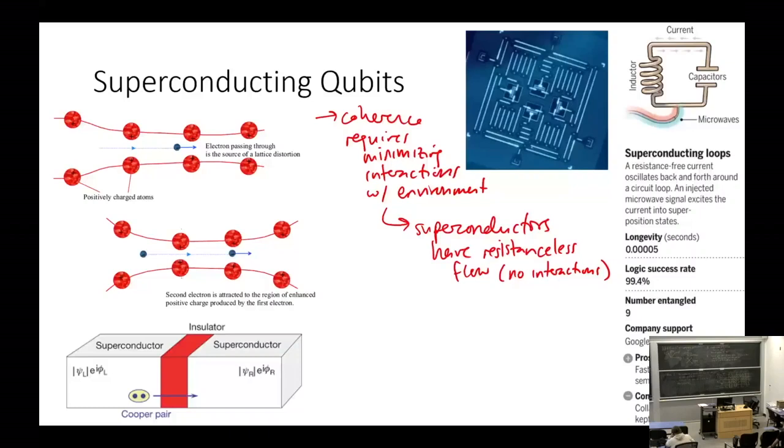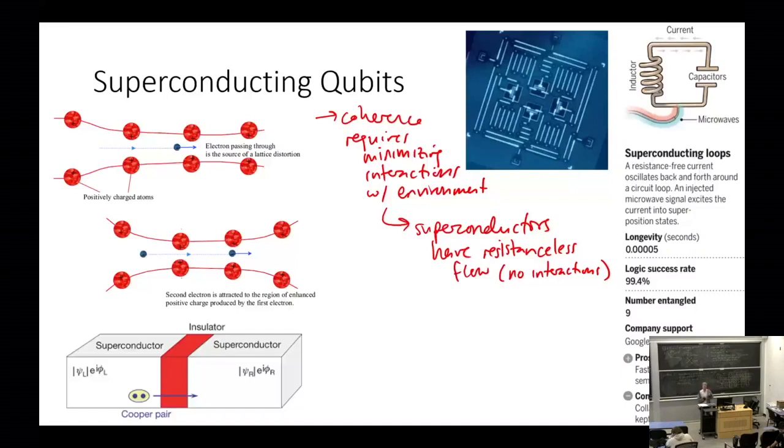That region of positive charge can actually attract a second electron. Under the right scenario, those two electrons can condense into a single object called a Cooper pair, and they now move as a single object in the superconductor. That's what's shown in that diagram.